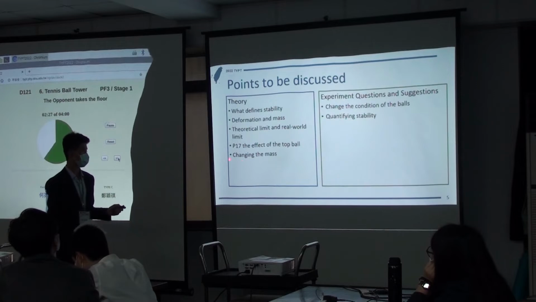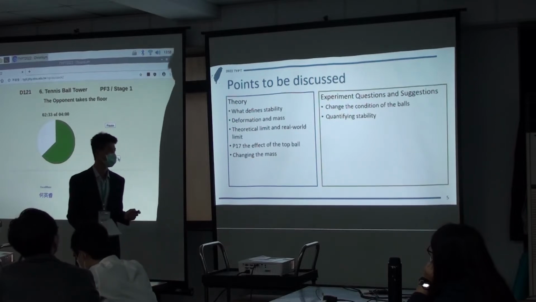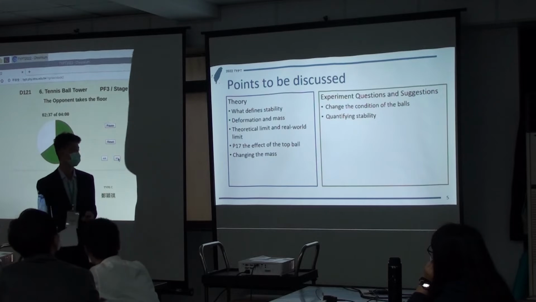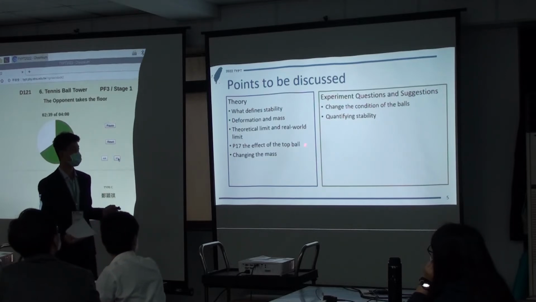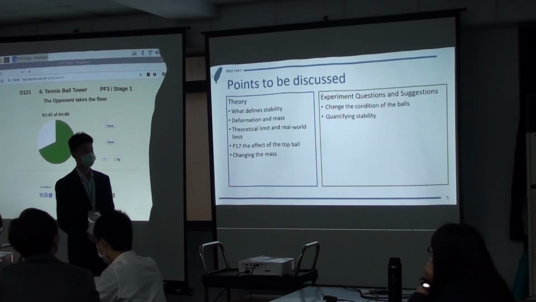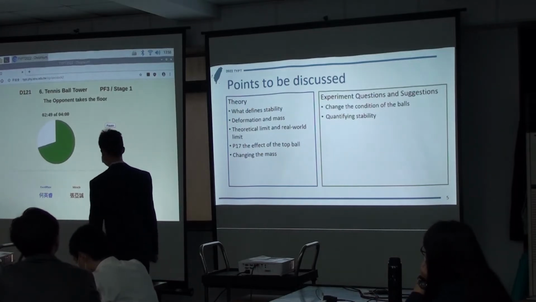And then I would like to explore some of the graphs they presented in their presentation. And for the experiments, I would like to provide another way of quantifying the stability. And we would also like to discuss how changing the condition of the balls would affect the stability of such a tower. So I would like to begin my discussion.